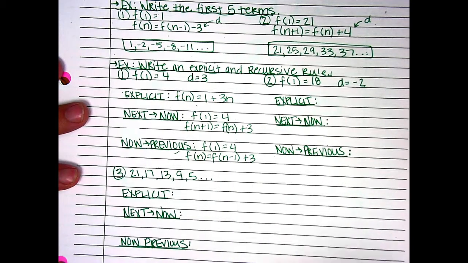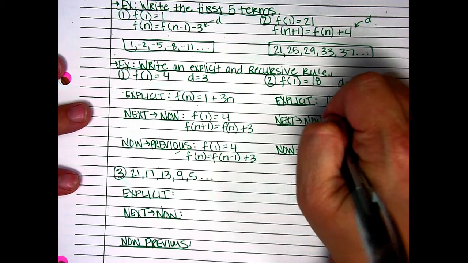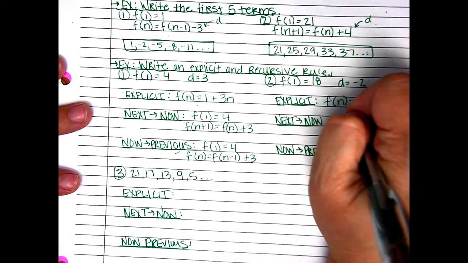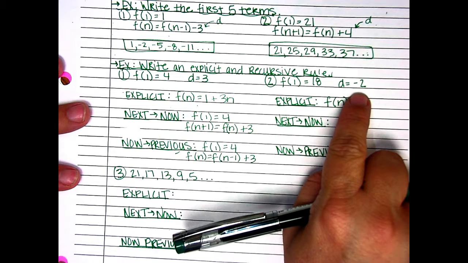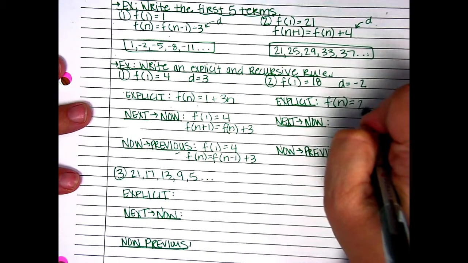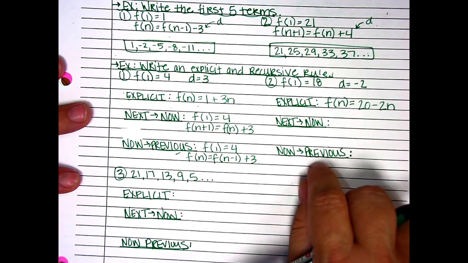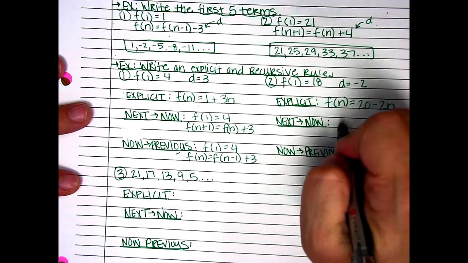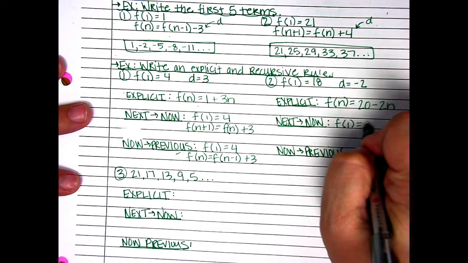For number 2, the explicit rule, we have f of n equals, because f of 1 is 18 and the common difference is negative 2, the zero term is going to be 20 and then minus 2n. For next now, list f of 1 equals 18.